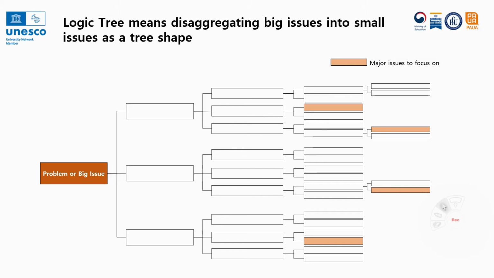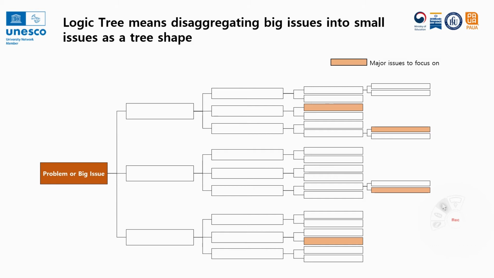Once you disaggregate the problem into small issues, it's easier for you to analyze those small sub-issues, or you can easily see which one is more important than the others. And you can simply focus on those relatively important issues for analysis.